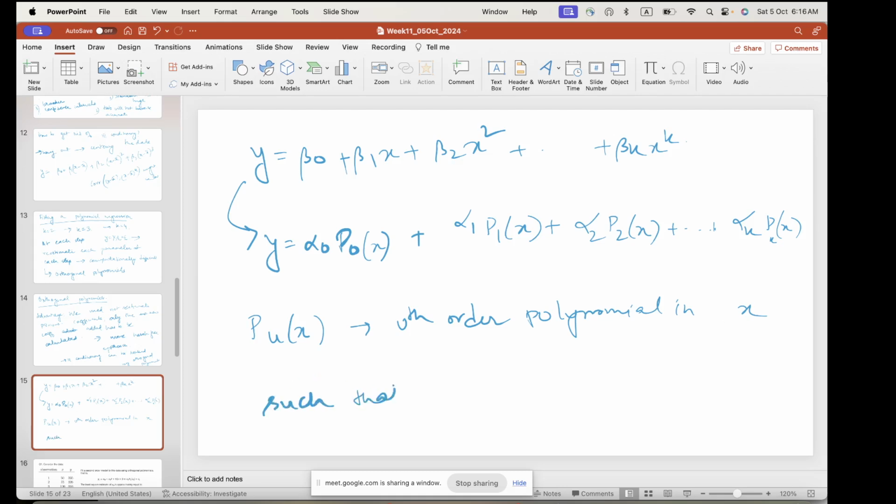It is defined such that, and this is why we are calling it orthogonal, the summation of pr(xi) into ps(xi), where i runs from 1 to n, should be equal to 0, where r is not equal to s and r and s span from 0 to k. Okay, and p naught x_i is always 1.